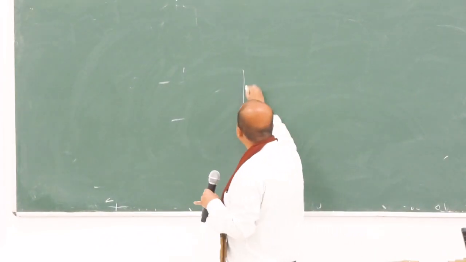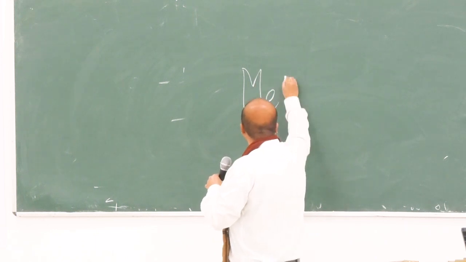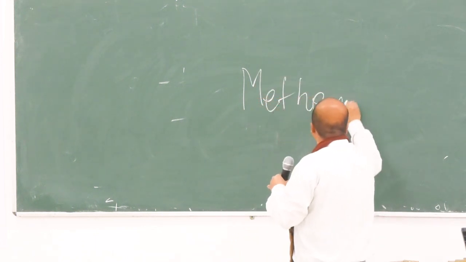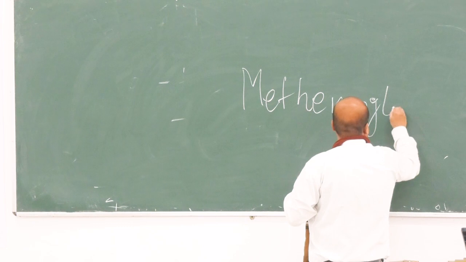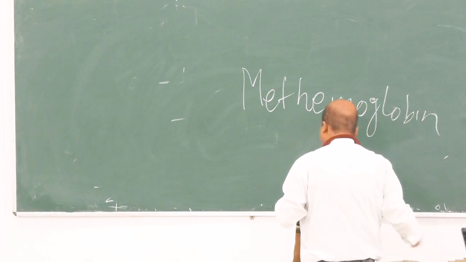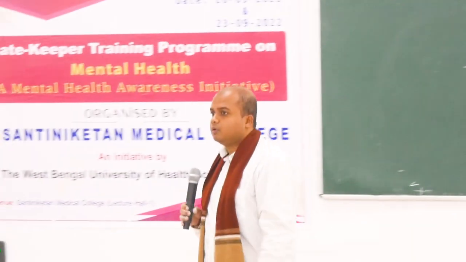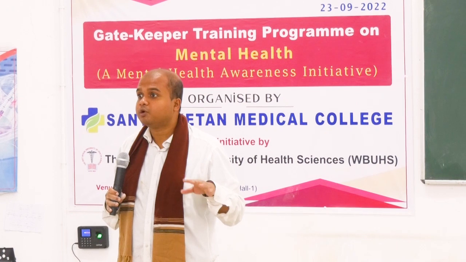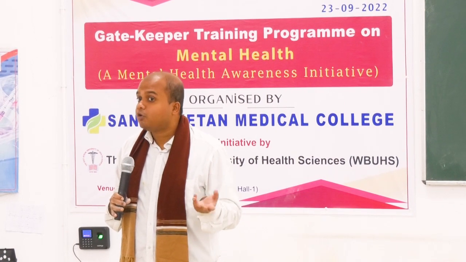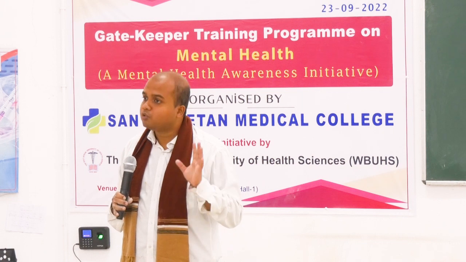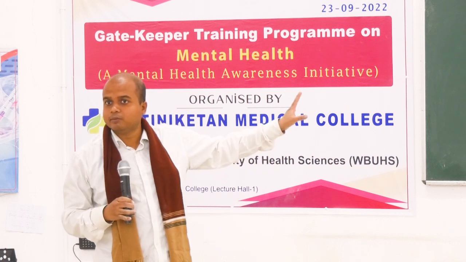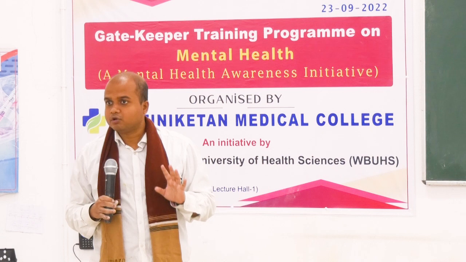Then what will be produced? Something called methemoglobin. This production is not comparable to our physiological status, because once converted to ferric form, it cannot carry oxygen. Hemoglobin is able to carry oxygen, but methemoglobin is not.